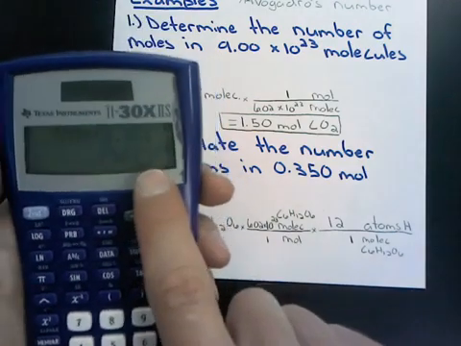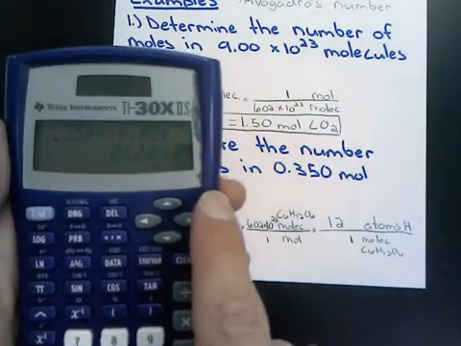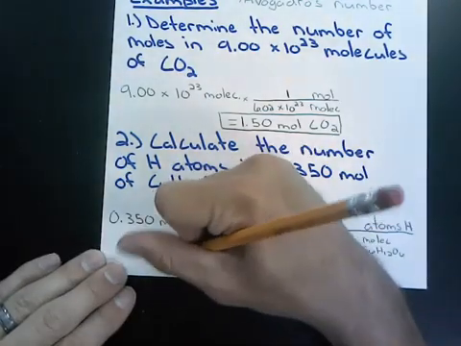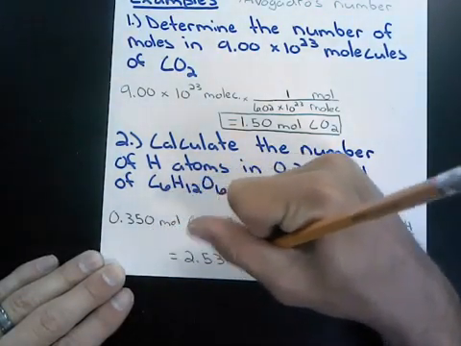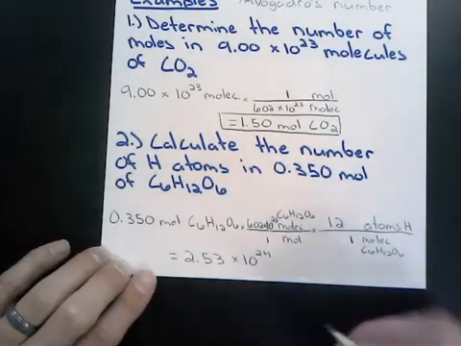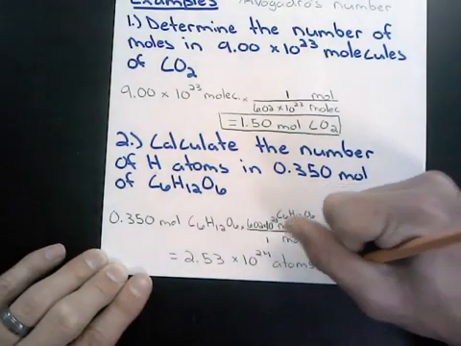So we get a value of, when we round it, 2.53 times 10 to the 24th. So we would get 2.53 times 10 to the 24th, and this is atoms of H.